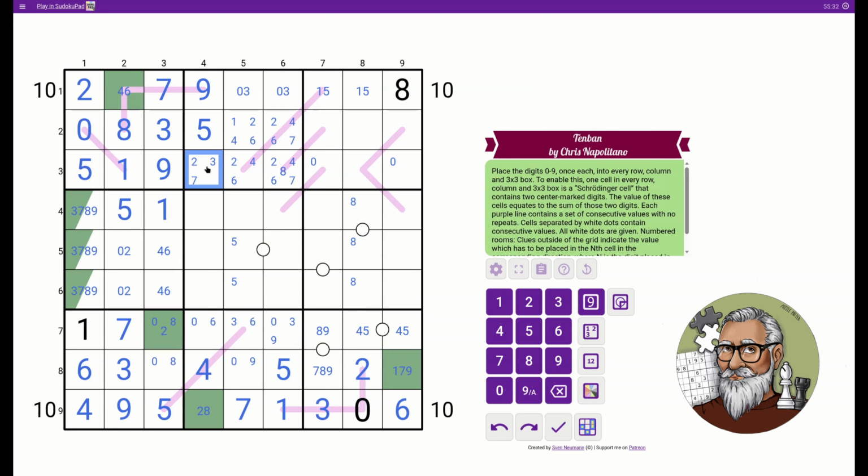Let's at least take this win. Even figuring out this 5 didn't really help, did it? Now I'm missing a 1 here somewhere, right? I do need to figure out where the green cell is.